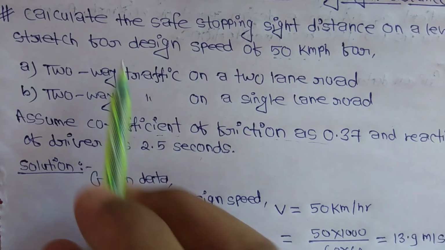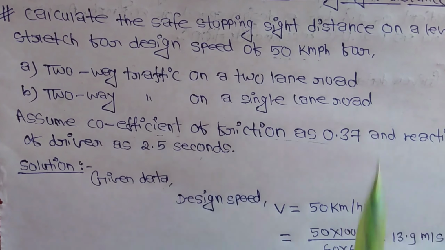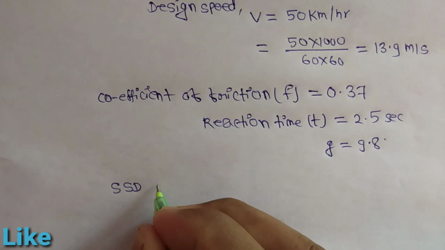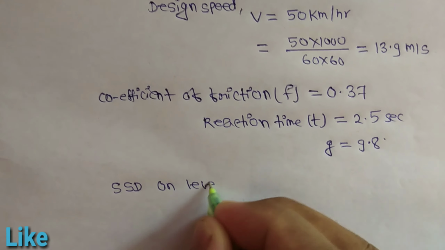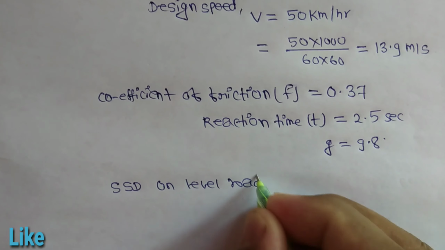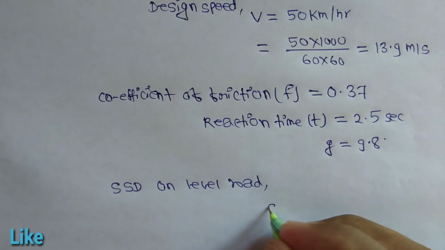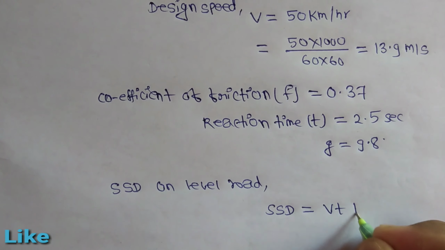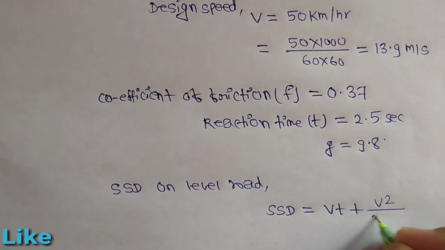It is asking to calculate the safe stopping sight distance on a level road. So the stopping sight distance formula is Vt plus V square by 2gf.